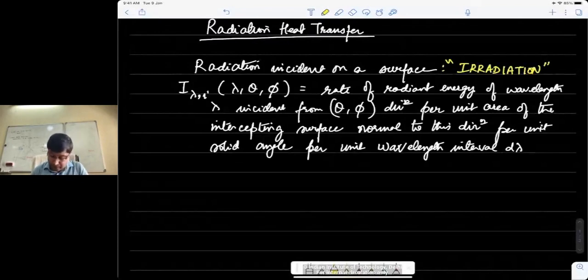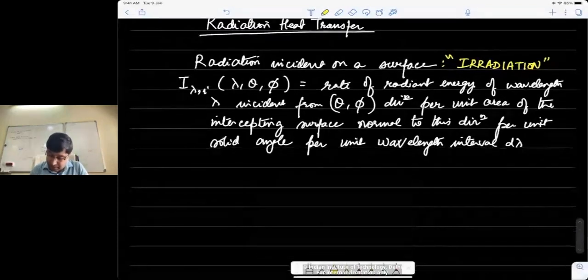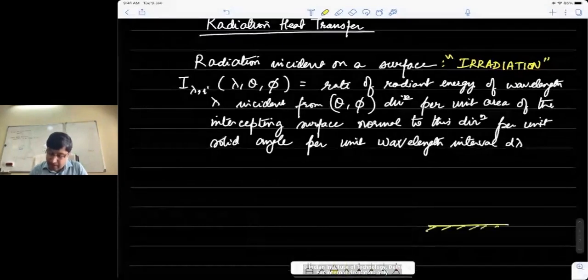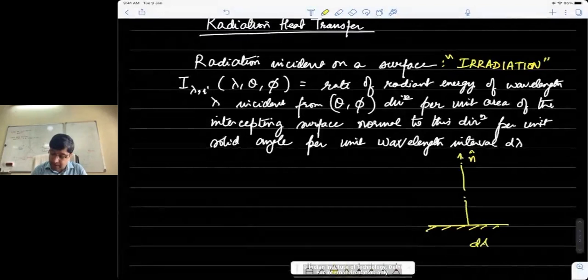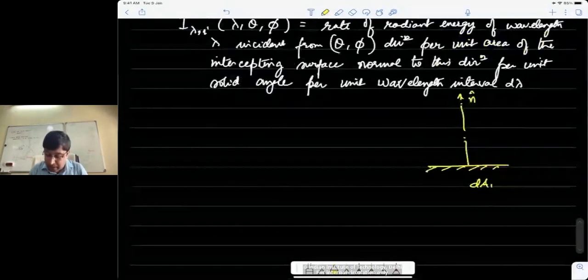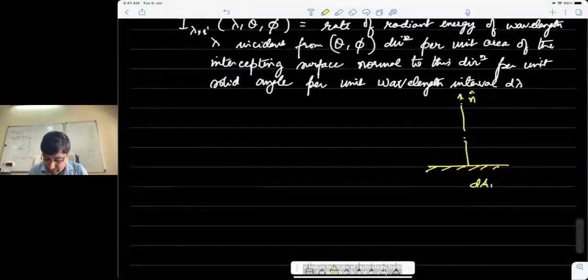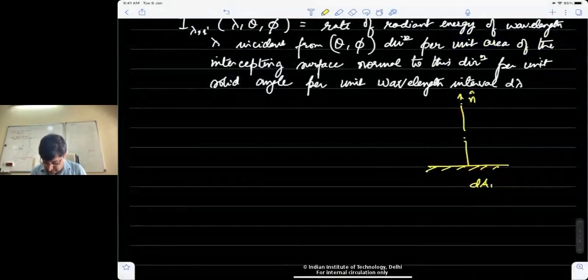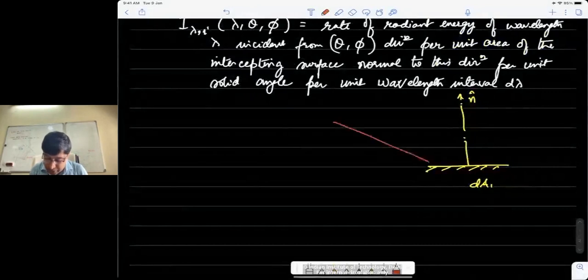So say we have a surface, let's say, which is aligned in a certain way, and its normal vector goes in a certain direction. The surface has, let's say, infinitesimal area dA1, and there is radiation coming in from a certain direction. So say the radiation is reaching this surface maybe in this direction.